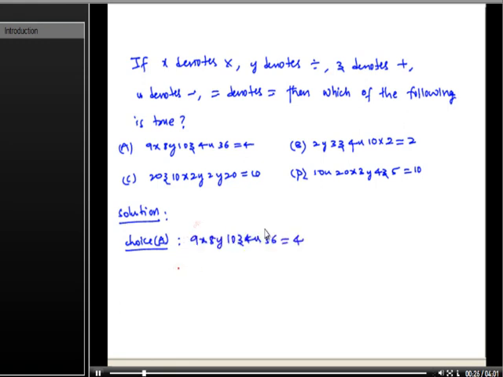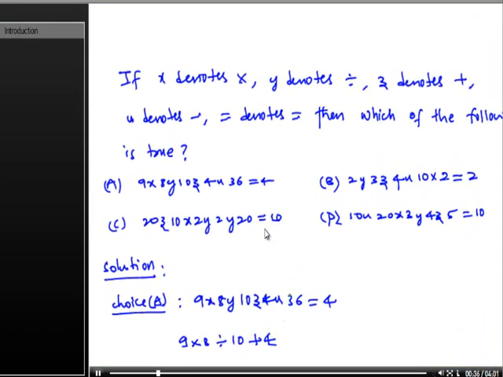This expression turns out to be 9, x means into, 8, y means divide by, 10, z means plus 4, u means minus 36 is equal to 4. This implies on applying the BODMAS rule we'll get 9 into 8 divided by 10, it will be 0.8 plus 4 minus 36 is equal to 4.